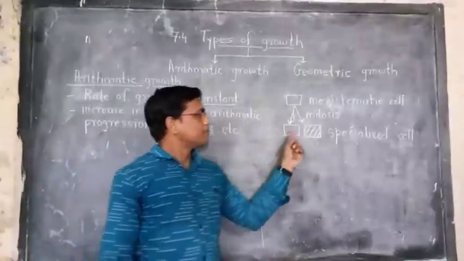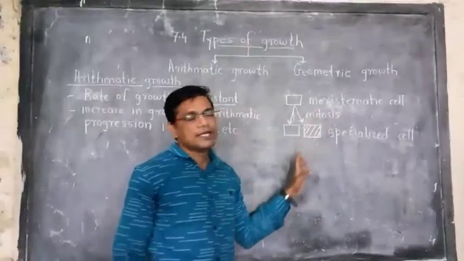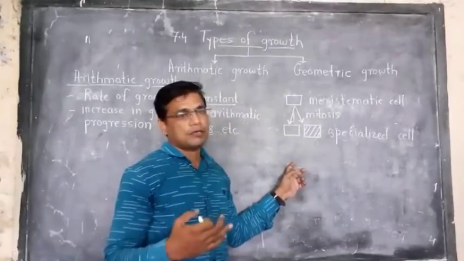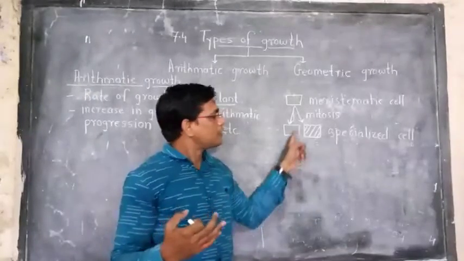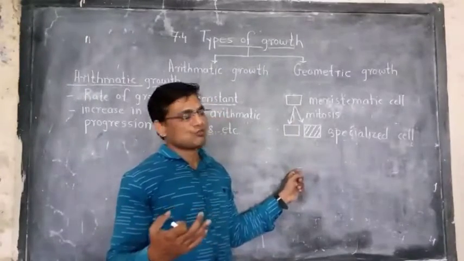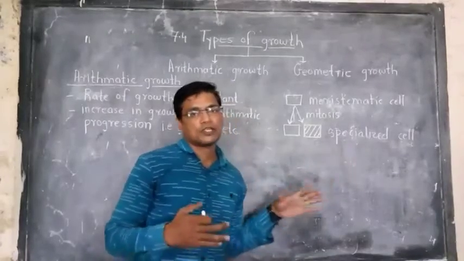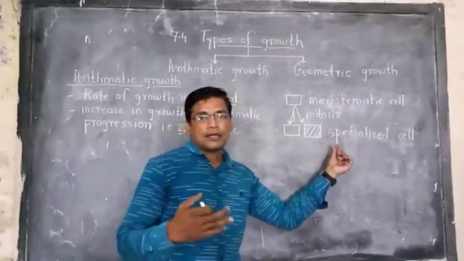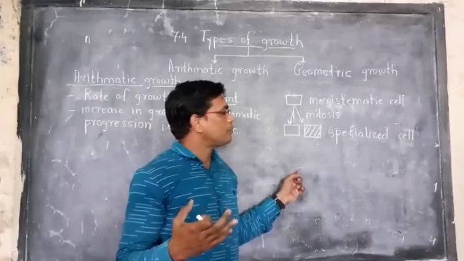The meristematic cell has the capacity to divide, it can multiply, by the process of mitosis, while the specialized cell has lost the process of division.